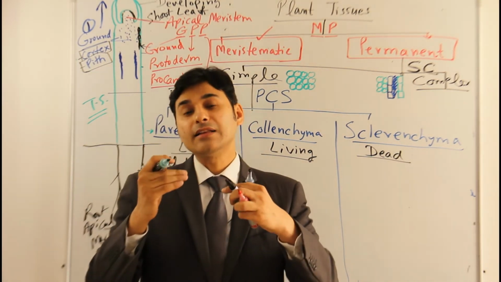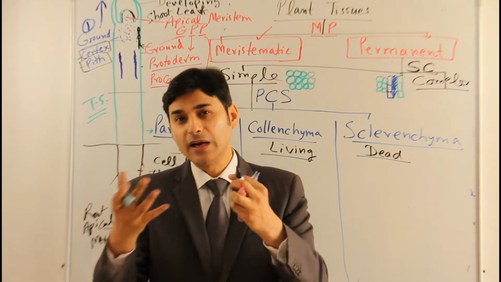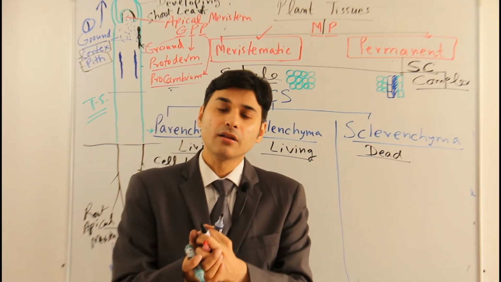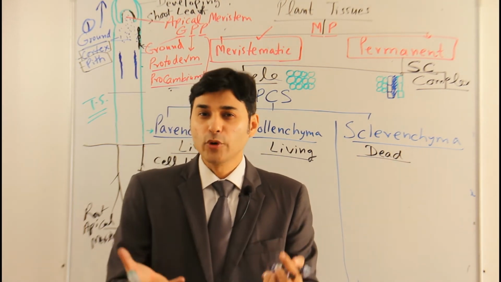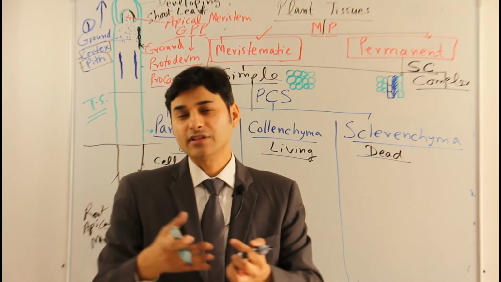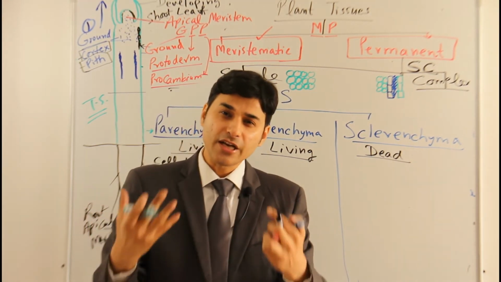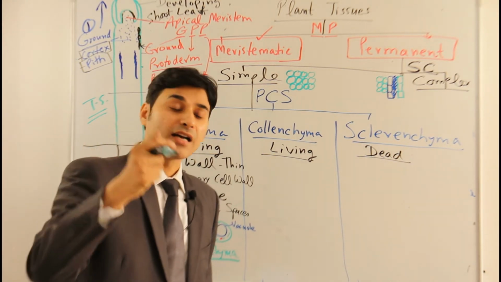If they are in aquatic plants where the intercellular spaces are filled with air to give lightweight or buoyancy, so that they can float on the water, as an adaptation for aquatic life, then it is called aerenchyma.